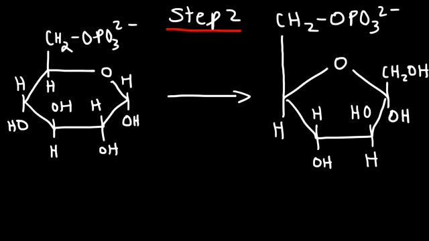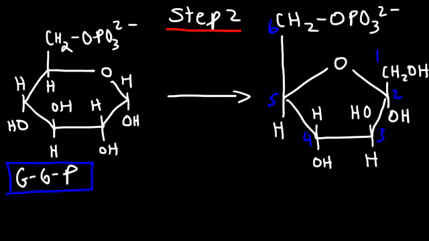So on the left, we have G6P, glucose 6-phosphate. And what is the name of the molecule on the right side? So take a minute, pause the video, see if you can come up with the name of the molecule. Notice the location of the phosphate group. It's still on carbon 6.